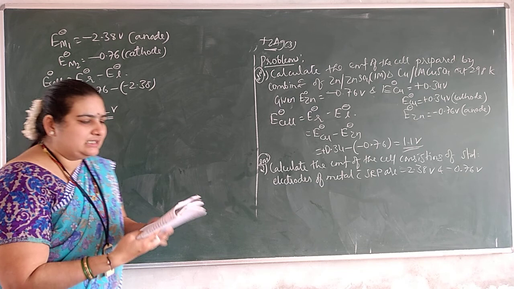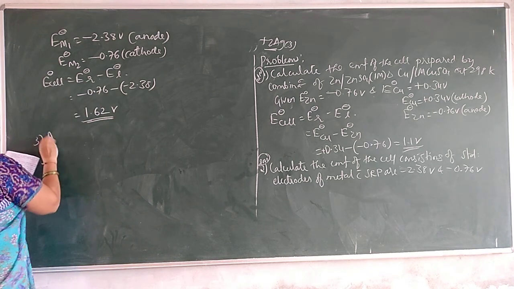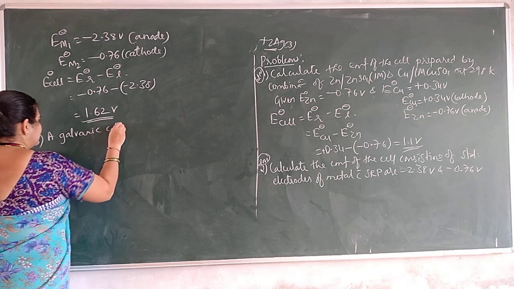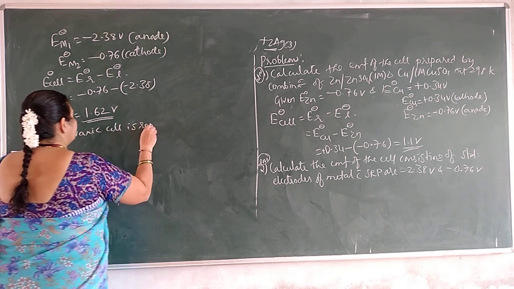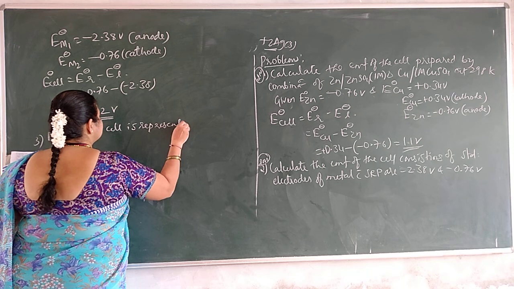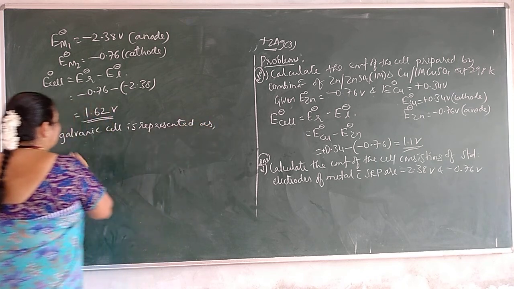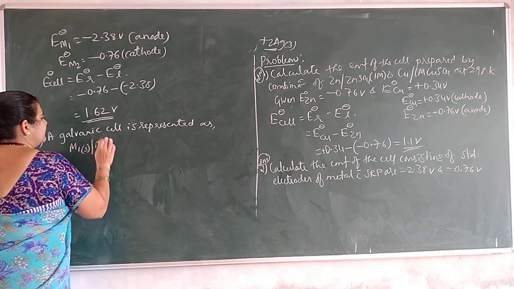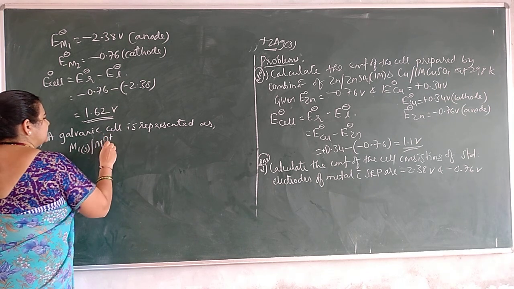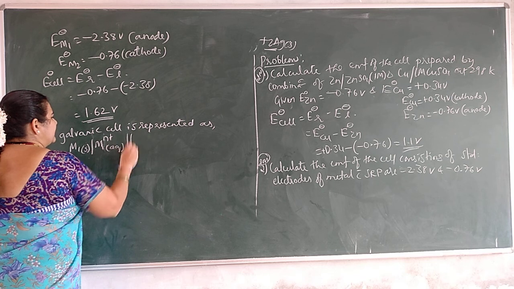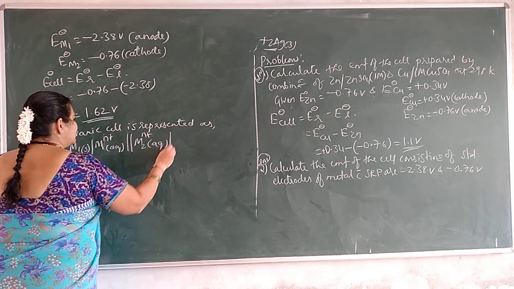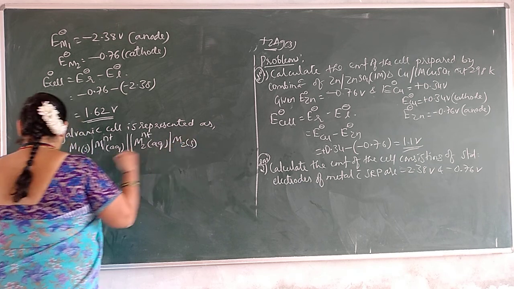A galvanic cell is represented as M1 solid bar, M1 n plus aqueous, double bar, M2 n plus aqueous, single bar, M2 solid.